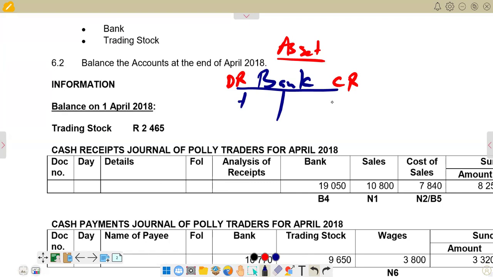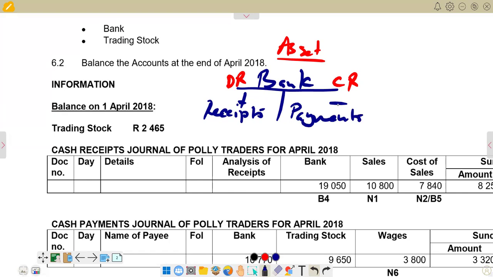When they are credited, it's a negative. So when we receive money as a business, that's when we debit the bank account. Whenever we have receipts, receipts come to the debit side of the bank account, and payments come on the credit side.